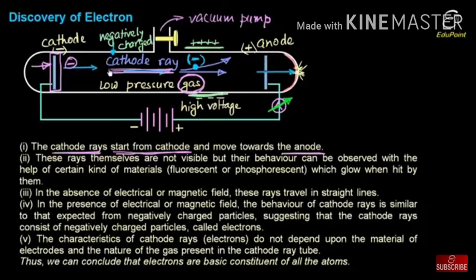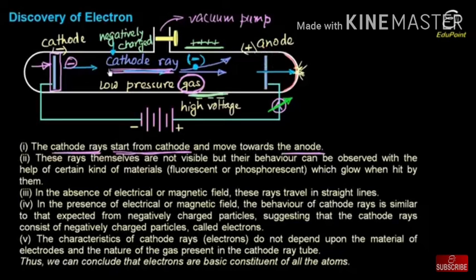These rays themselves are not visible, but their behavior can be observed with the help of certain materials, fluorescent or phosphorescent, which glow when hit by them. In the absence of an electric or magnetic field, these rays travel in a straight line.